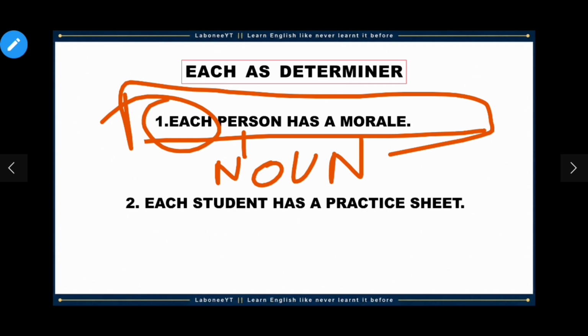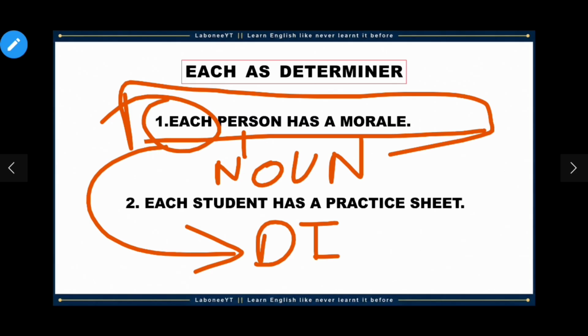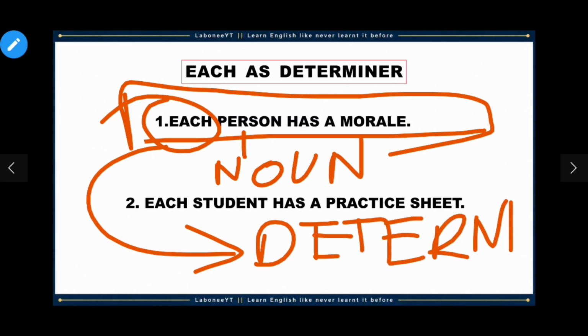And we have used each as a determiner to determine the person's position who has a morale. Hence, it is a determiner. So what we have known so far? We have known that we can use each as a determiner in an English sentence.